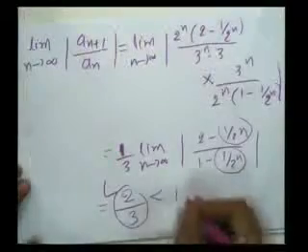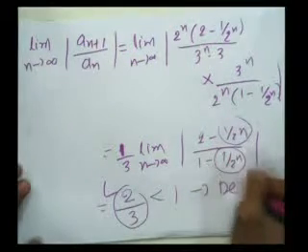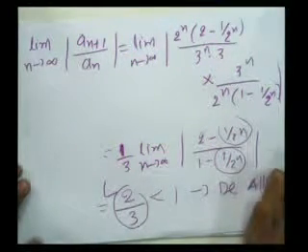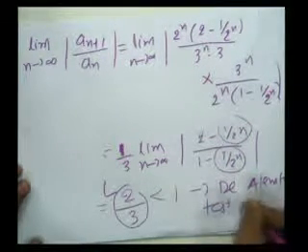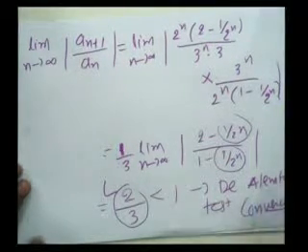So by D'Alembert's test, the given series is convergent. Using D'Alembert's test we can say whether the given series is convergent or not. In the same way, if L is greater than 1 then the series is divergent.